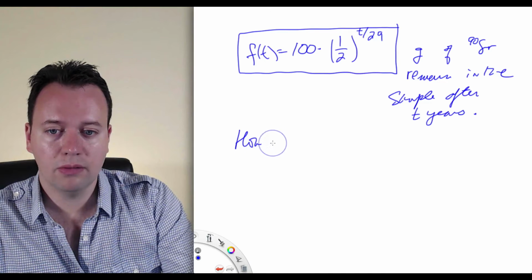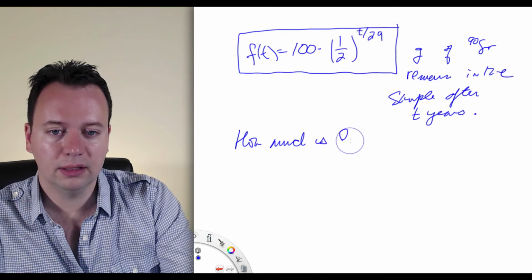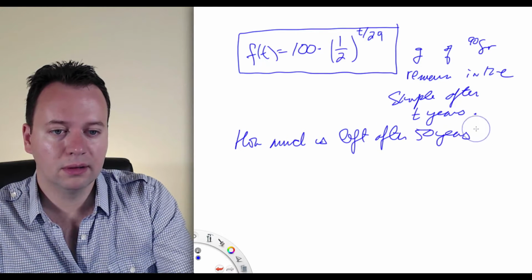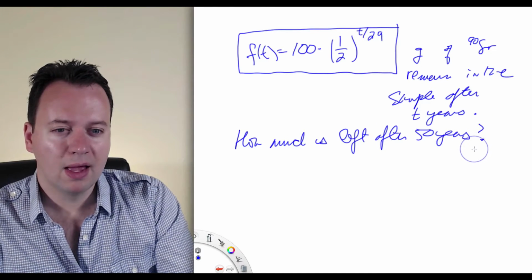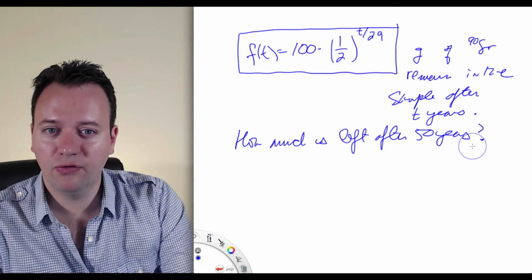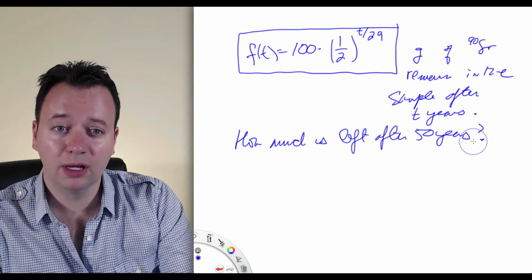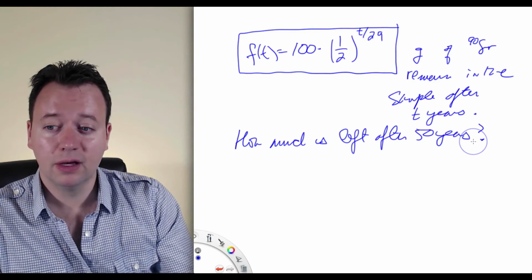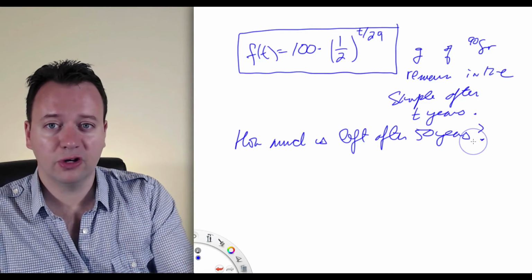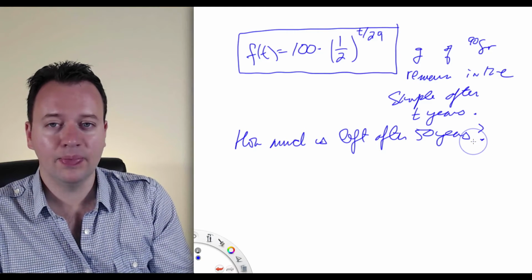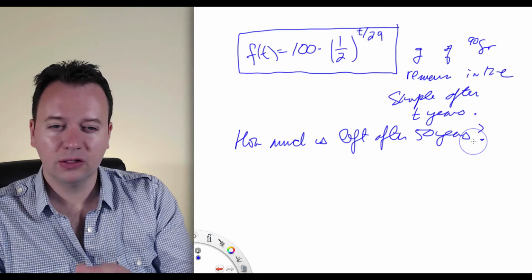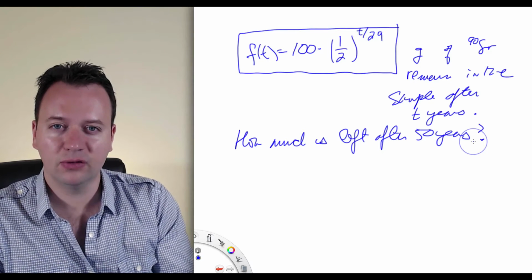So how much is left after 50 years? It has to be somewhere between 50 grams and 25 grams, because one half-life has passed by, but not two half-lives. After the first half-life, there's going to be 1/2 of the initial quantity. After the second half-life, there will be 1/4 of the initial quantity. So it should be somewhere between 25 grams and 50 grams.